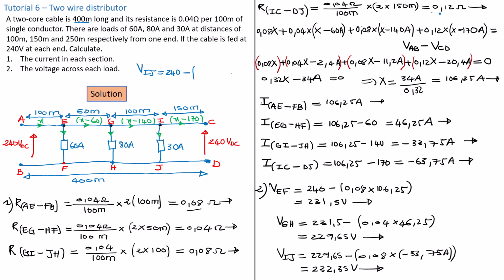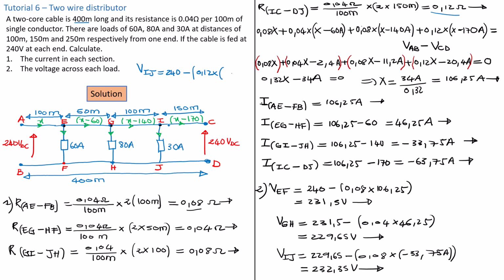The resistance of that section is 0.12, times the current on this section, X minus 170, which is 63.75. Now, we cannot put negative 63.75 because the current is flowing from the positive end of the input voltage.